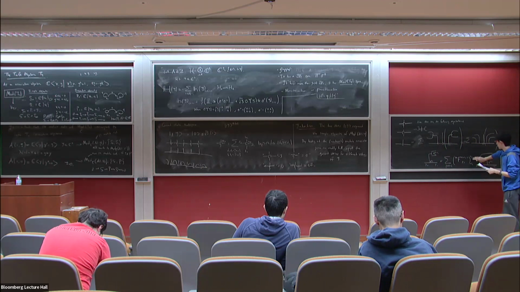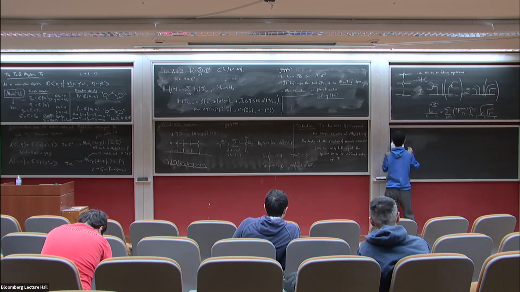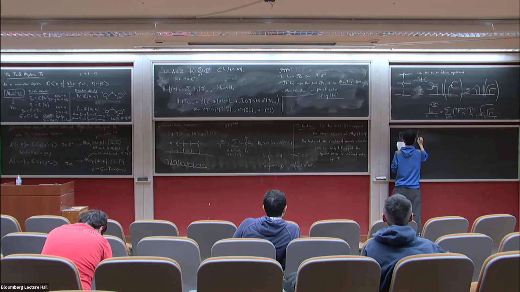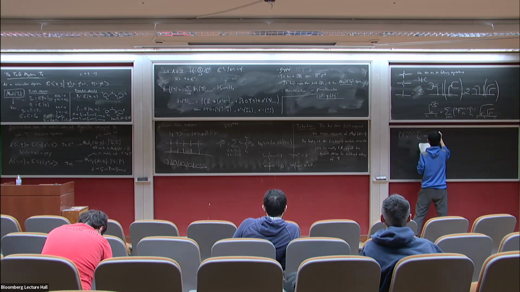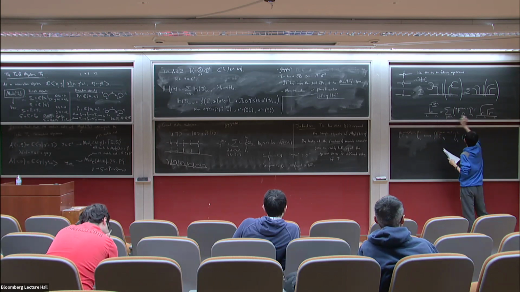These F symbols are not unique. You can perform gauge transformations on these F symbols. There are these U symbols, and U is just a complex number that fixes these phases.